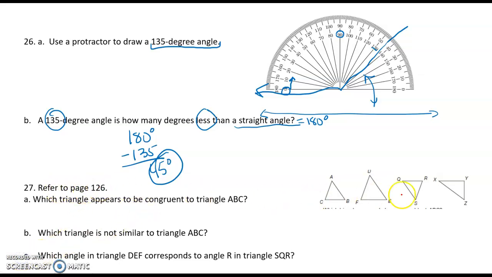Refer to page 126. This is on page 126. So, which triangle appears to be congruent? Same to triangle ABC. So it needs to look exactly like ABC. I think it's this one, and you can call it however you want to call it. Well, it's actually, if it's congruent, then that means that B and Q are similar.